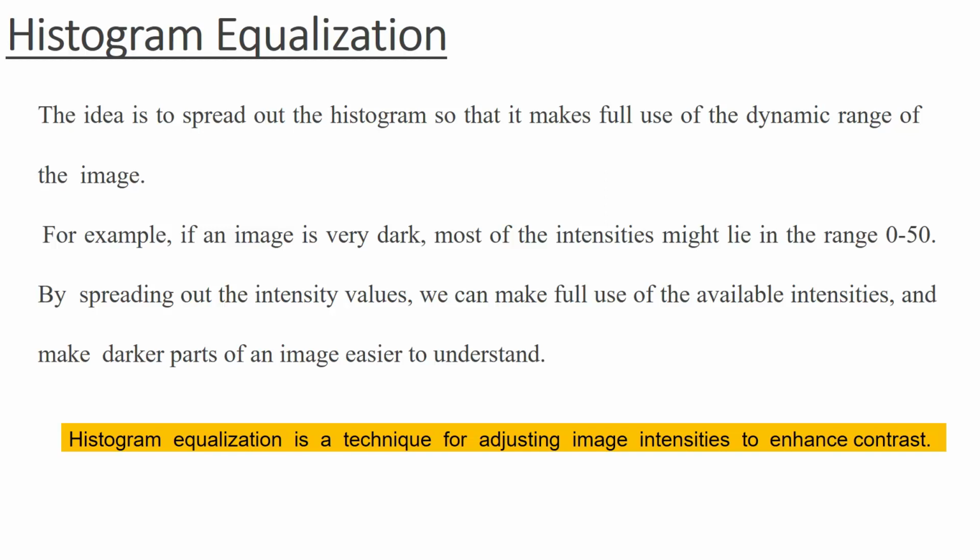For example, if an image is very dark, most of the intensities might lie in the range of 0 to 50. It means they are more or less clustered towards the dark region. By spreading out the intensity values, we can make full use of the available intensities and make darker parts of an image easier to understand.